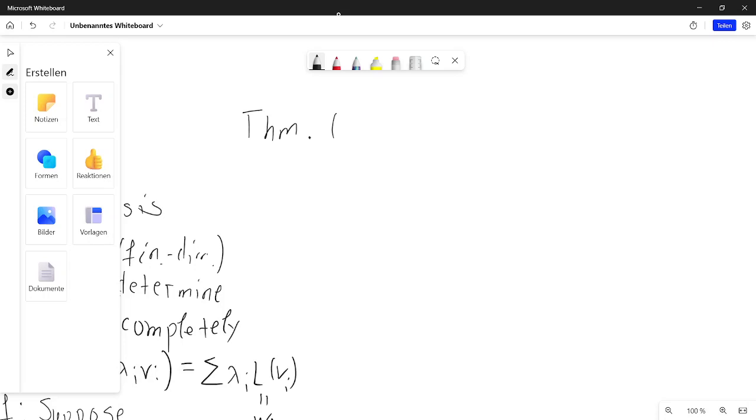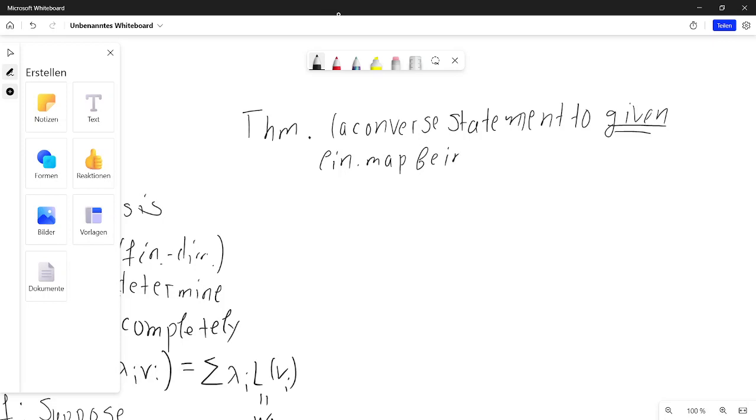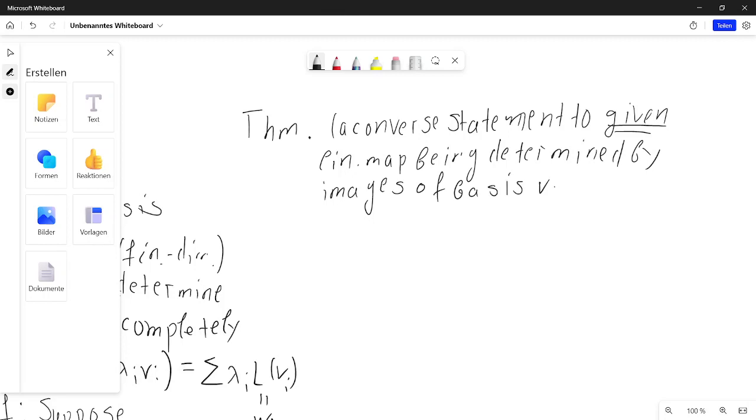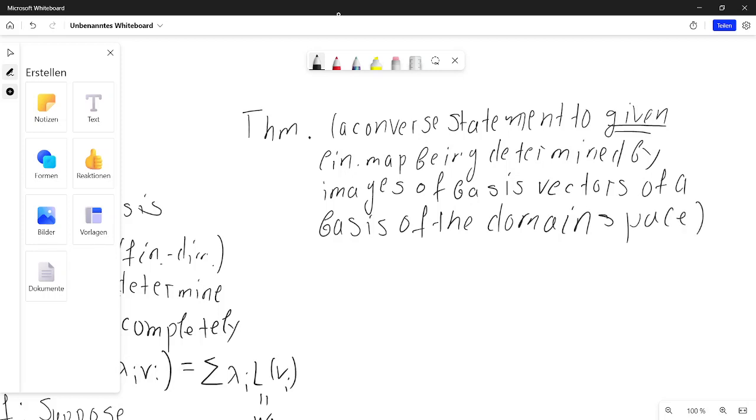A converse statement to a linear map being determined by images of basis vectors of a basis of the domain space. Right.